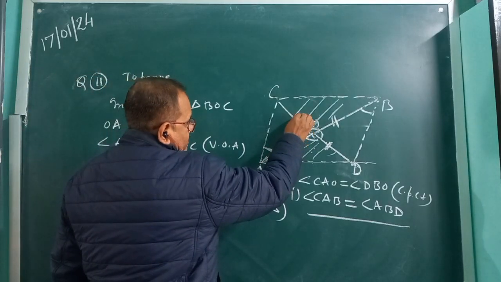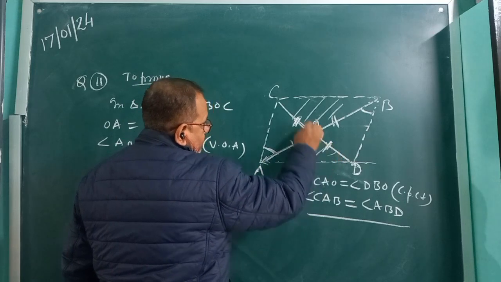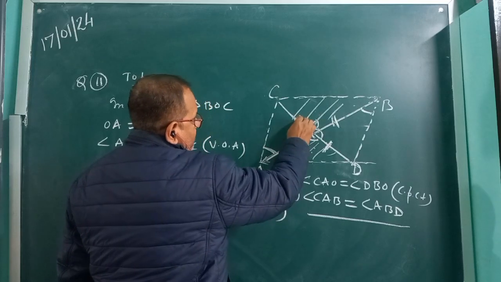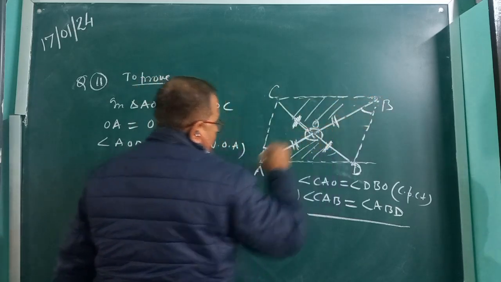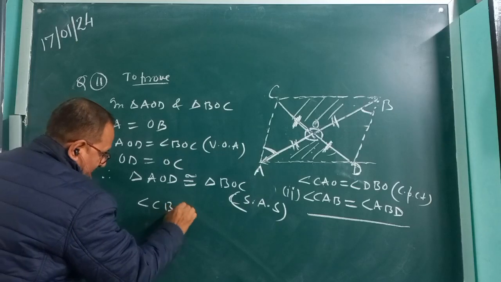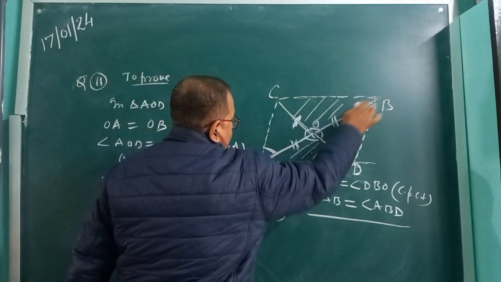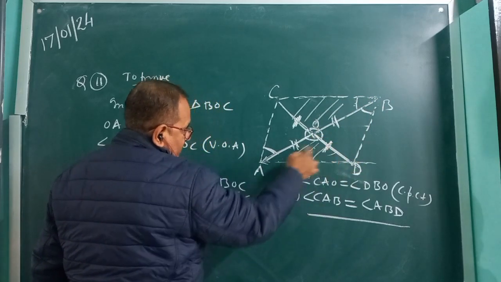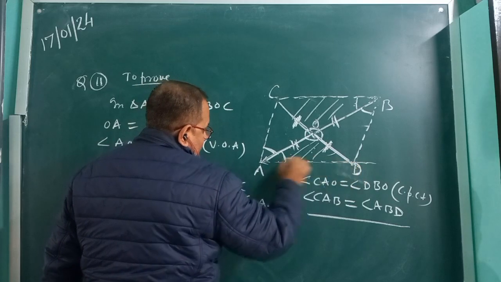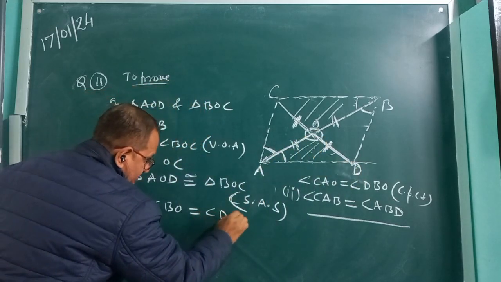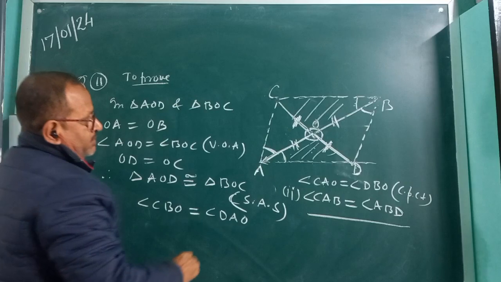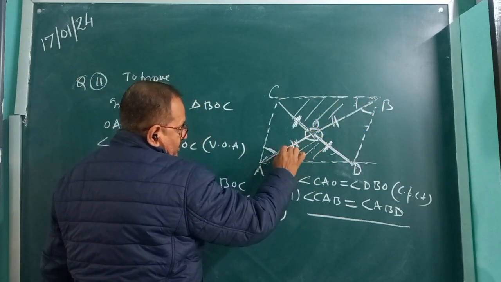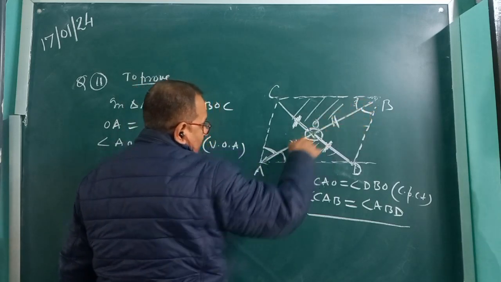So these two sides are equal, so their opposite angles will also be equal. Opposite angle means angle CBO will be equal to the angle opposite to OD, that is angle DAO. So these two angles are equal and they are alternate angles.